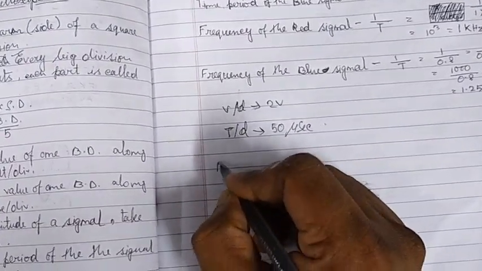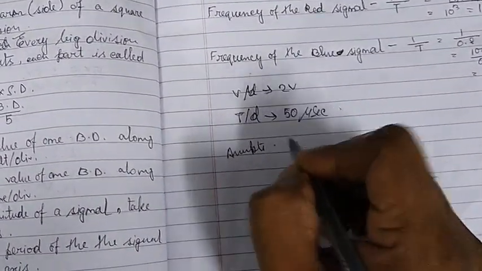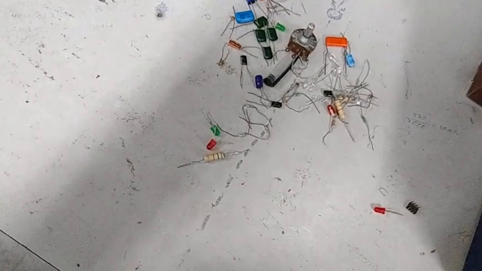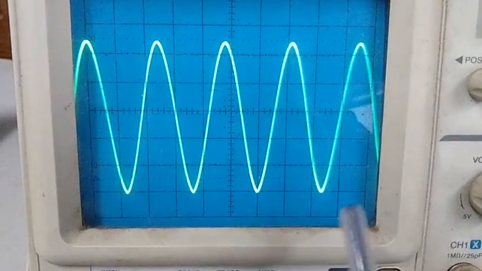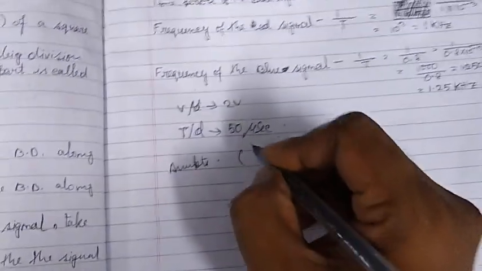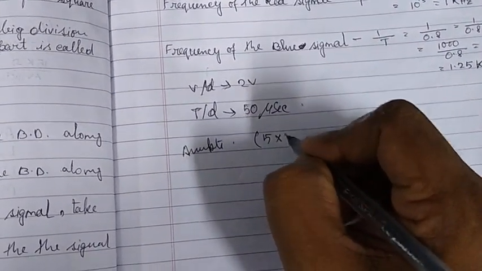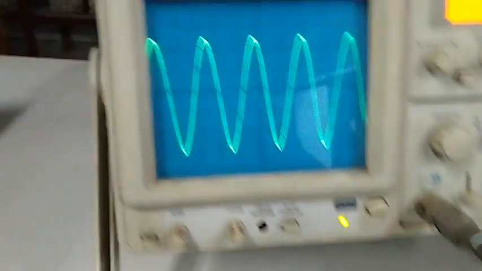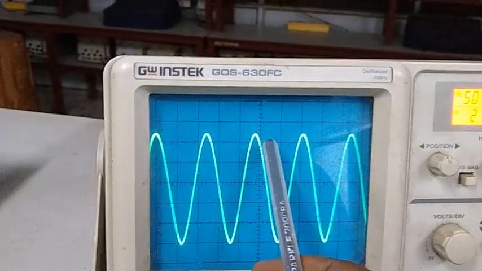For the amplitude: 5 into 2, plus 2 more small divisions are here.